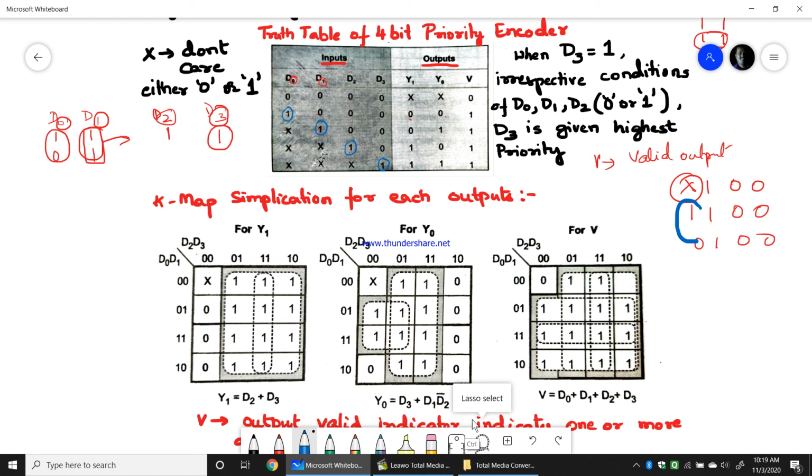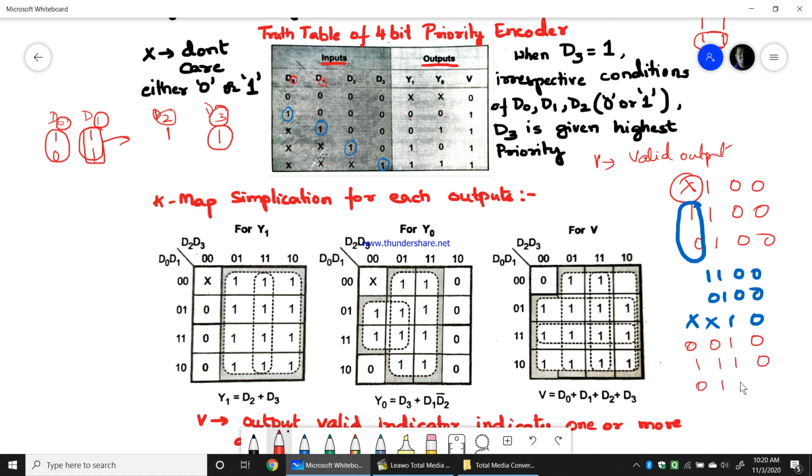Similarly this x x 1 0 can be written as 0 0 1 0, 0 1 1 0, 1 0 1 0 or 1 1 1 0. So this x can take 4 values, and I can write these 4 values with this don't care condition.